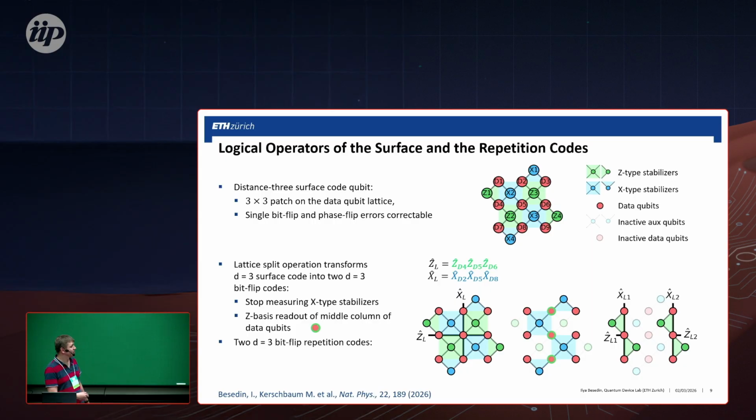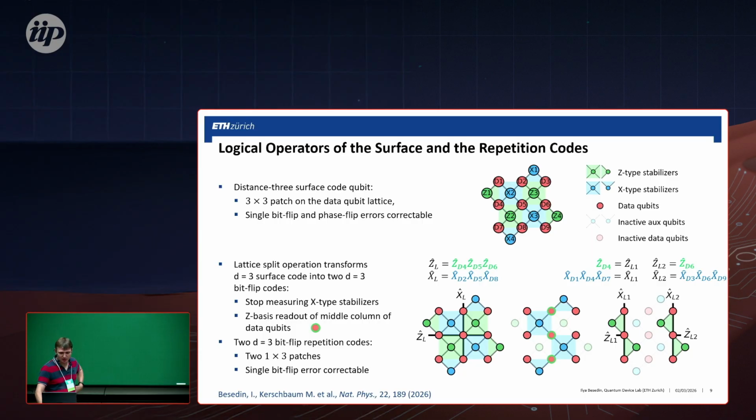Now for the surface code qubit, any single bit flip and phase flip would be detectable. So it's fault tolerant against single qubit and single gate errors in this circuit. Whereas the bit flip codes are only fault tolerant against bit flip errors, but not phase flip errors. And the definitions of the logical operators are the following, so this naturally extends.